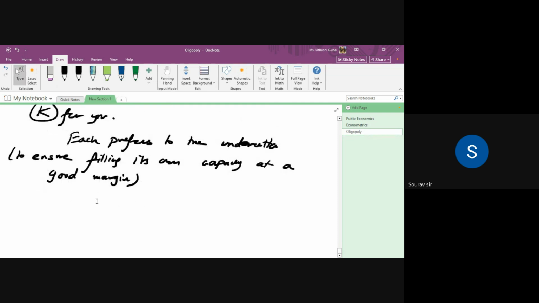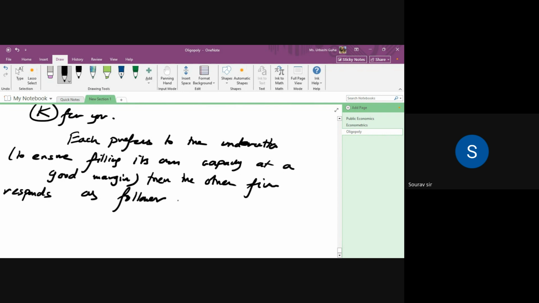Then the other firm responds as follows: if one is undercutting, the other goes as follower at the best shadowing price.